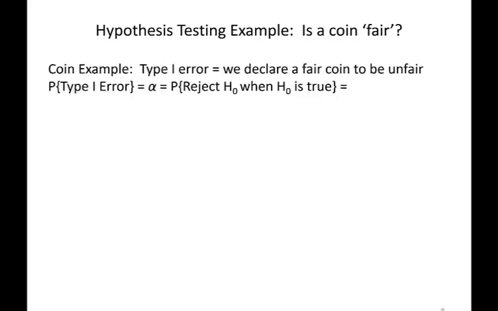So let's go back to our coin tossing example. A type 1 error means that we declare a fair coin to be unfair, and so the probability of a type 1 error is just the probability of rejecting H0 when H0 is true. And so what that means is getting either a 0, 1, 2, 10, 11, or 12 when the coin is in fact fair.